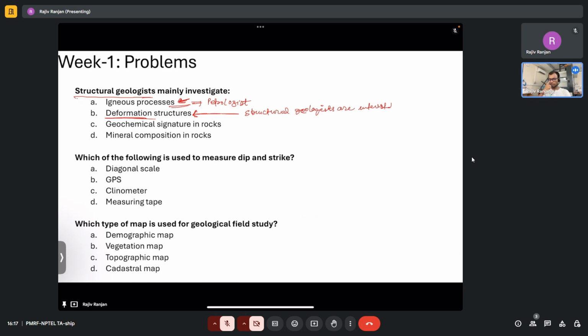This is where a structural geologist's interest lies. So they're mainly interested in deformation.